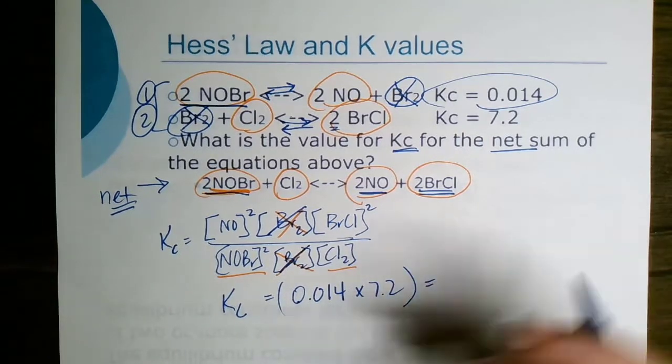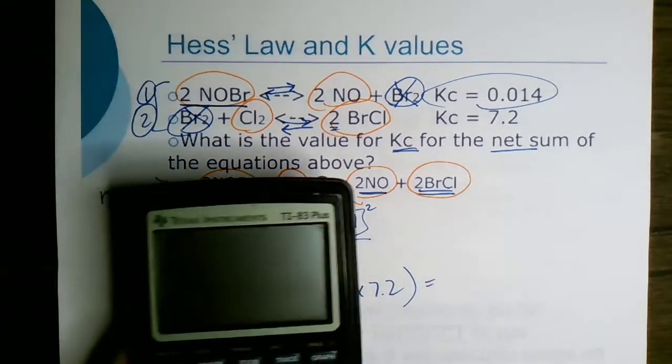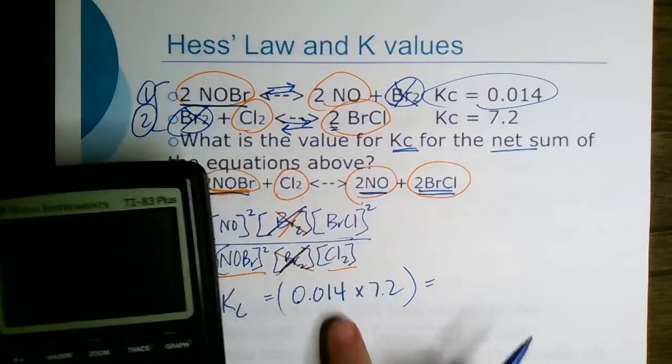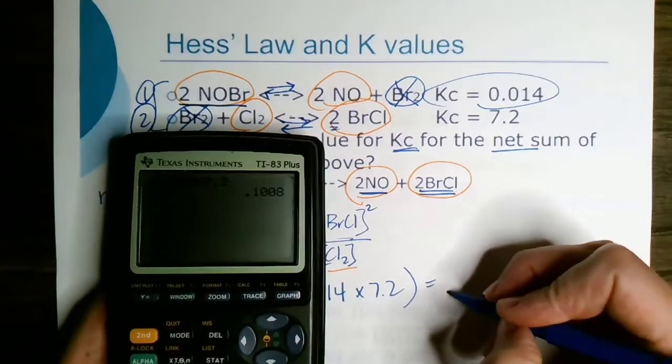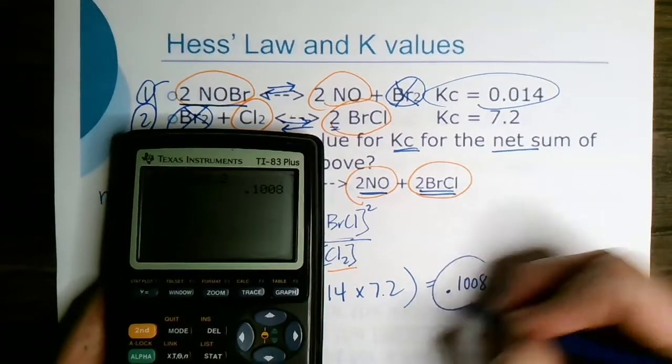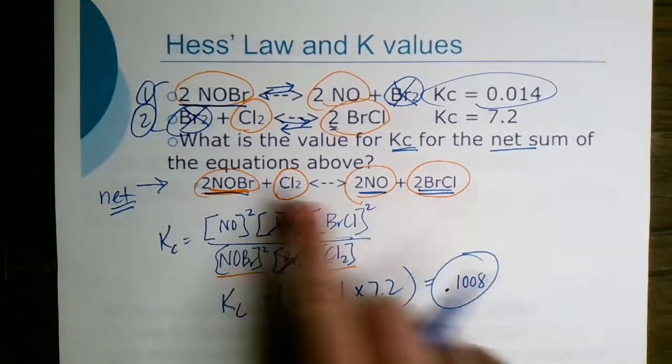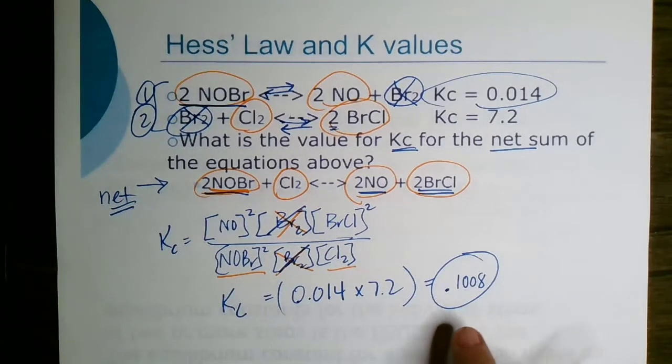And when I do that math, 0.014 times 7.2, I should get 0.1008. So the net sum of the equation with the value of Kc will be 0.1008.